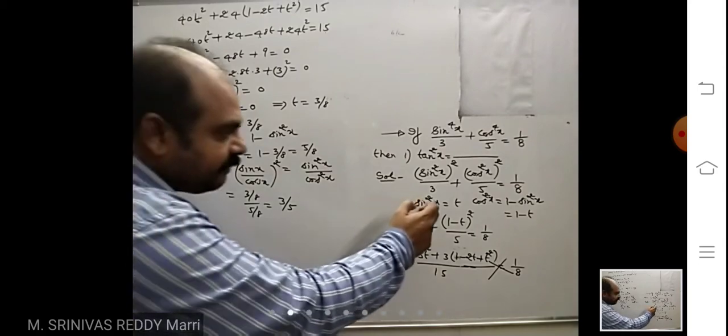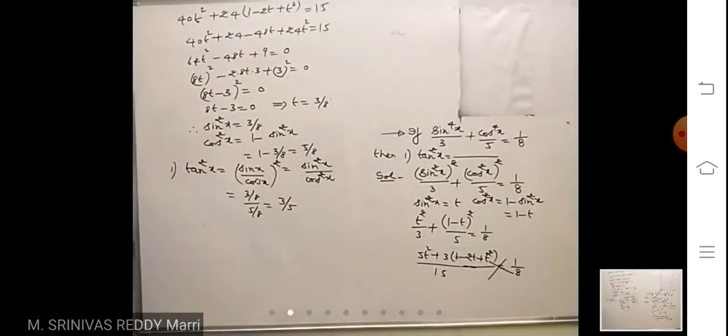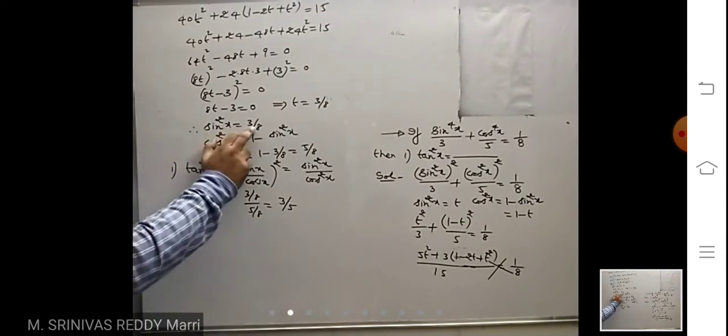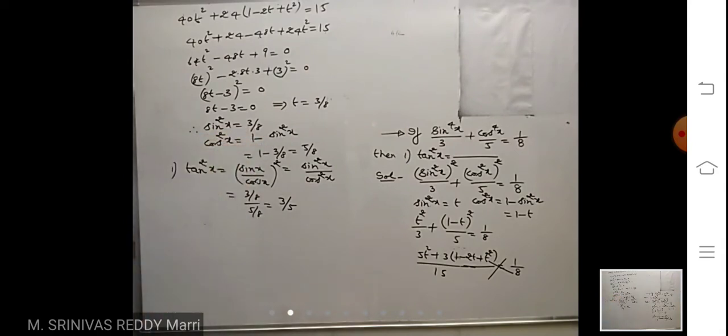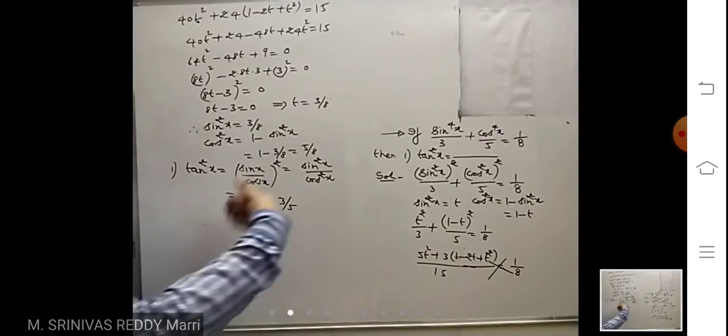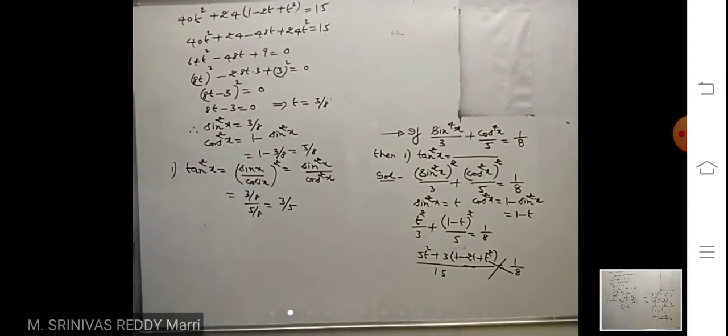Like that, by taking t, you can calculate the t value. That means you will get sine square x, then cos square x, then tan square x. Like that, you have to think one model. If a similar problem comes, you have to think like this. So tan square x you got, that is the first problem asked.